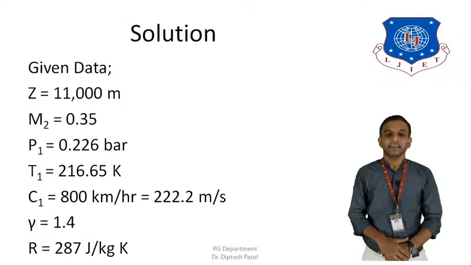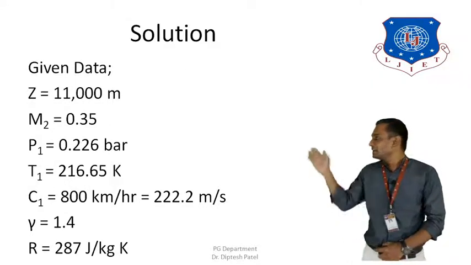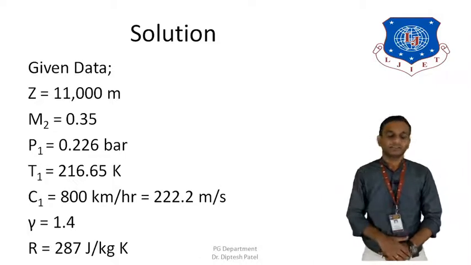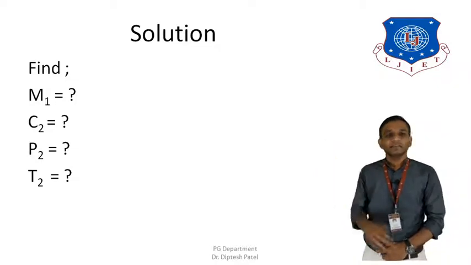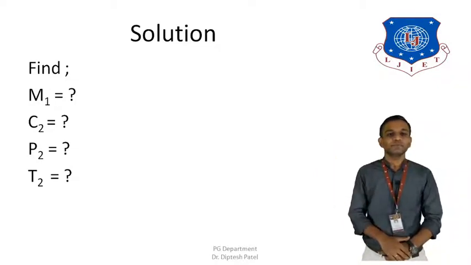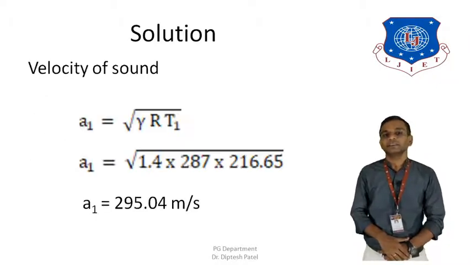Then gamma 1.4 and R 287 joule per kilogram Kelvin. On the basis of that we need to calculate M1, C2, P2 and T2: the Mach number at entry, then velocity, pressure and temperature at exit, section 2. So let's solve the example.